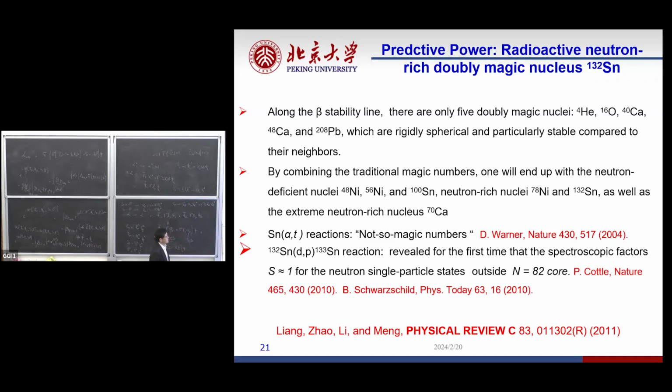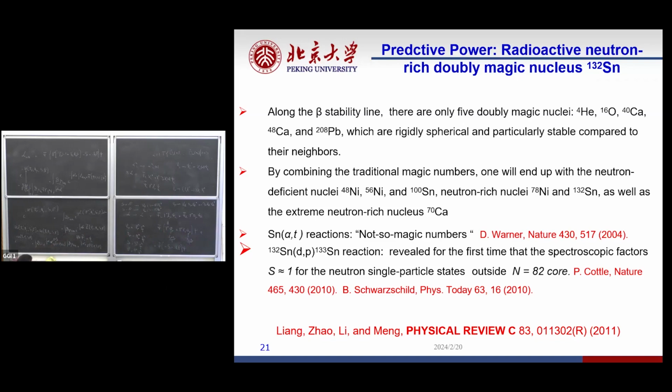Then using a deuteron reaction, it was revealed for the first time that this nucleus is still a double magic nucleus.